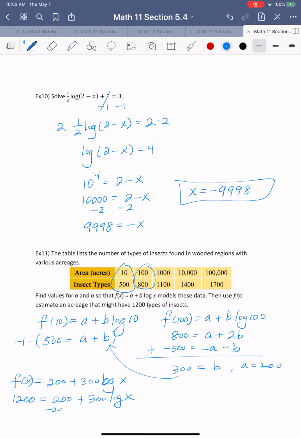So subtract 200, which is 1000, which equals 300 log of x. Divided by 300, I got 10 equals log of x, and then change to exponential form. So 10 to the 10 power equals x, and this is about 2,154 acres. All right.